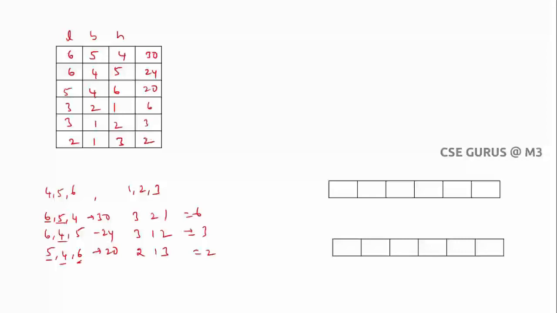6, 3, 2. Anyway, I have to store these values in an array, so that's why I'll take an array with indices 0, 1, 2, 3, 4, 5 like this. So here also I'll write where I have to store the values. So 2 arrays are required. One is to get the height, one is how you are building.